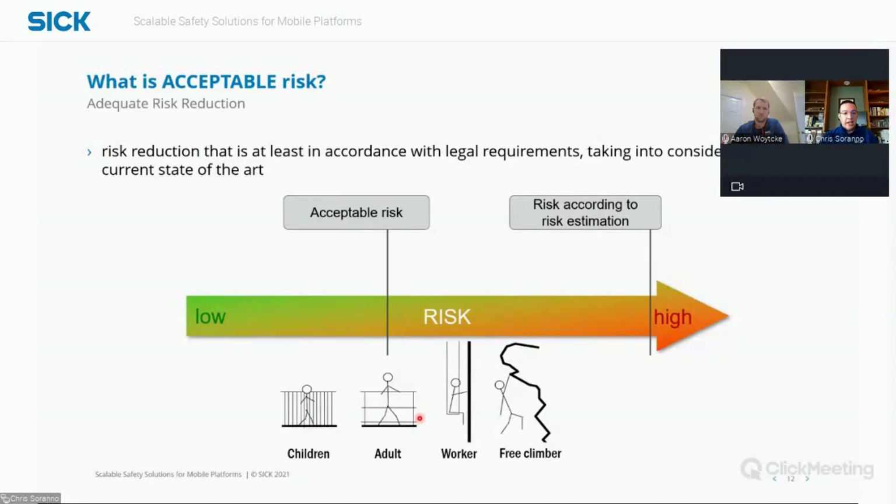Whereas if we have a task like cleaning windows, obviously there has to be a different level of acceptance. Or people recreationally or otherwise that are free climbing, the acceptance of risk is somewhat subjective, but we need to make it repeatable and as definable as possible so that we meet the legal requirements and we consider what's current and state of the art. And then we apply risk reduction measures to get us from that inherent level of risk to that acceptable level of risk.